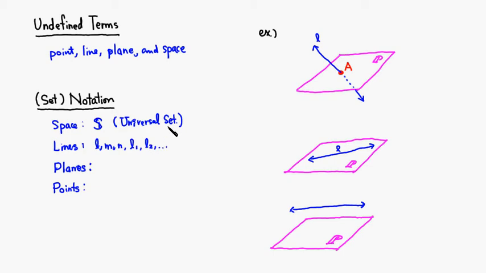And for planes, we're going to use a bold P. And if we have a lot of planes, we can use P1, P2, and so on, again using subscripts. And for a point, we're going to use an uppercase letter, so point A, point B, point C, and so on.